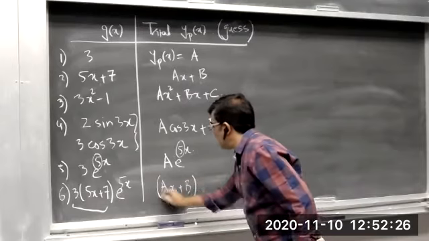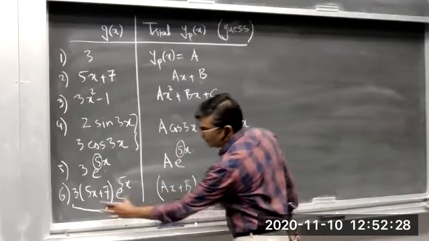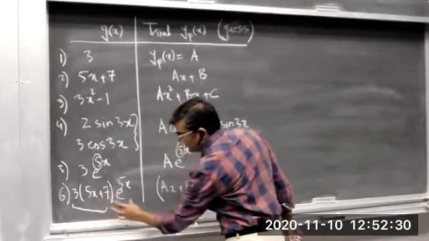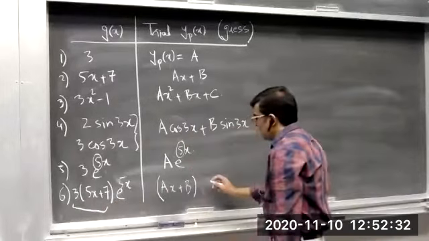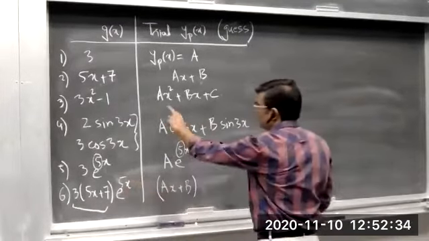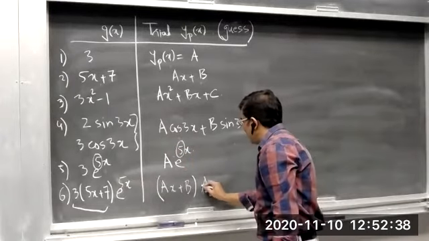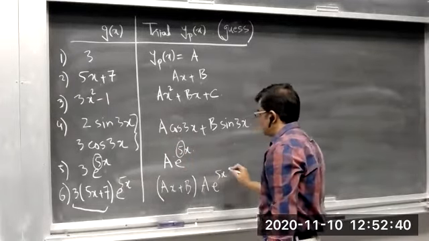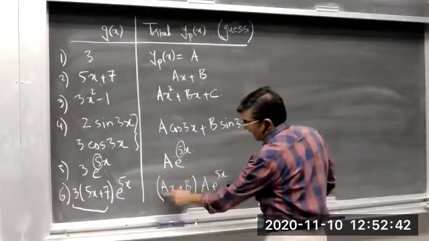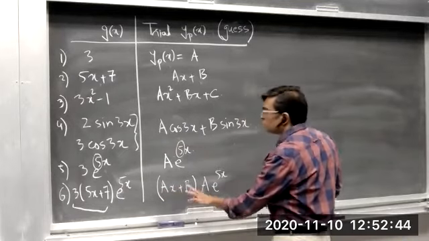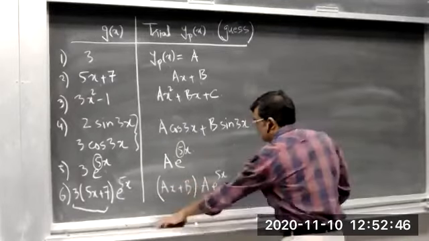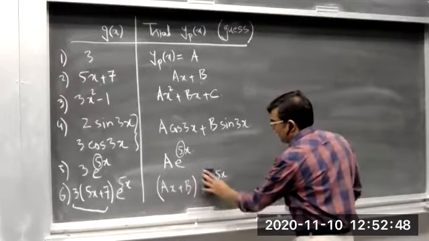b as the guess for this polynomial of degree 1, the guess for e raised power 5x will be what? A times e raised power 5x. But this a will go inside and multiply with a and b, which will again be a constant. So we don't write a constant here.